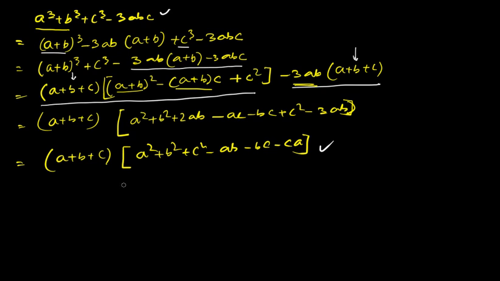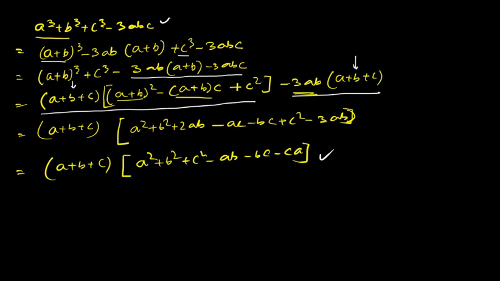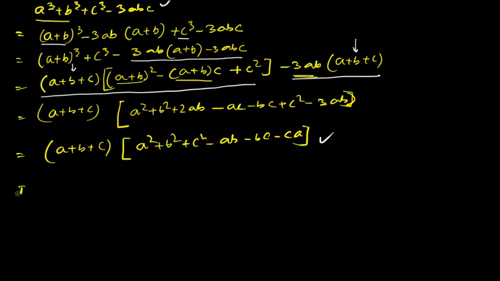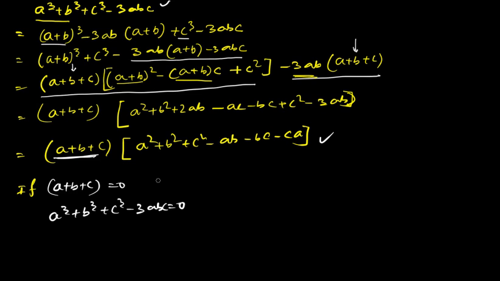Now in this formula, this is an interesting thing: if a plus b plus c equals 0, we can say a cube plus b cube plus c cube minus 3abc will also be equal to 0.